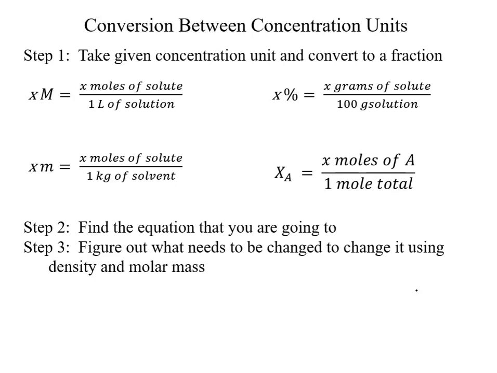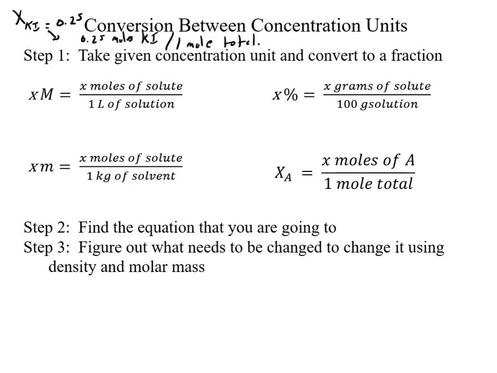Now, you also need to be able to convert between units. So this last problem is a good example of that, where the mole fraction of KI was 0.25. And from that, I ended up with 0.25 moles of KI divided by 1 mole total.